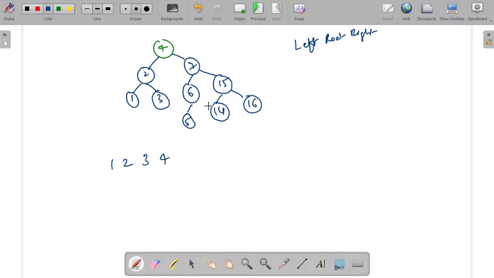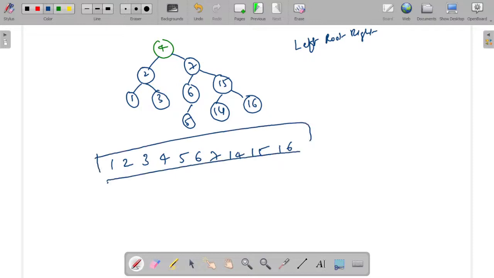And on the right side, the deepest left is 5, and then 6, and then nothing on the right side, so it will go back, and then 7, and then right, which is 14, 15 and 16. So this is the in order traversal for this particular tree.